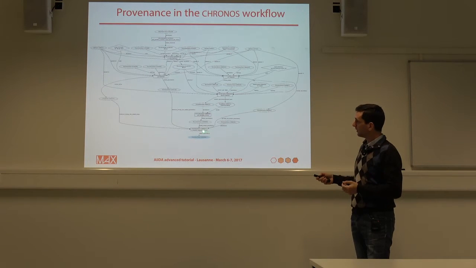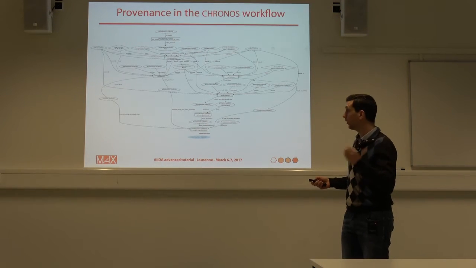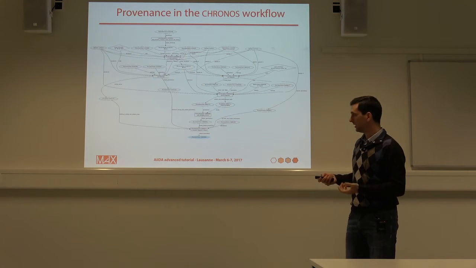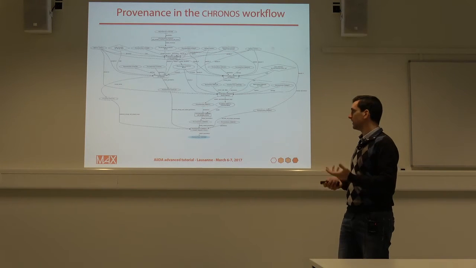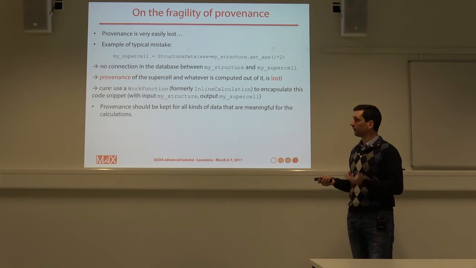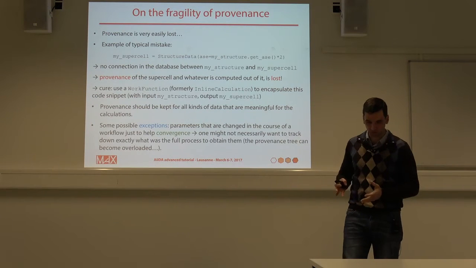So it means that those input parameters, they are important and you want to keep track of how you obtain them. While other input parameters, like I said, beta mixing or whatever, it's arguable if you really need to keep provenance on this. For sure, it's something you need to think about. When you design your workflow, you need really to think about the provenance.